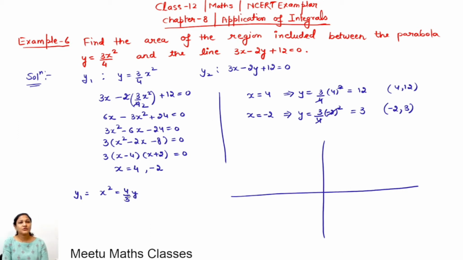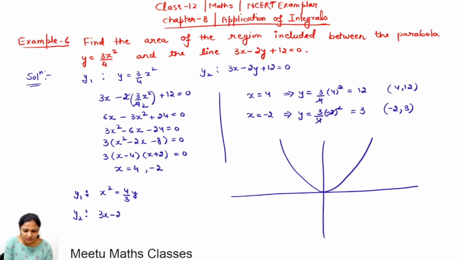So x square equals 4y will represent an upward parabola with vertex 0, and your second curve y2 will be a linear equation in two variables. So a linear equation in two variables will represent a line with the points of intersection at 4 and minus 2. So let us take this as minus 2 and this as 4.